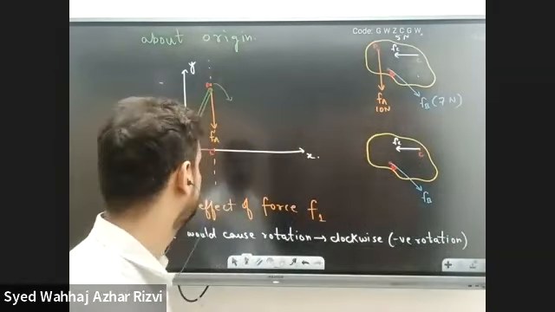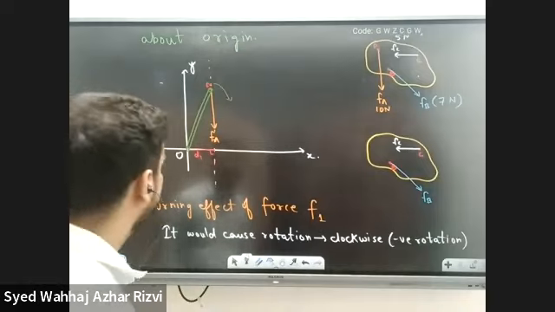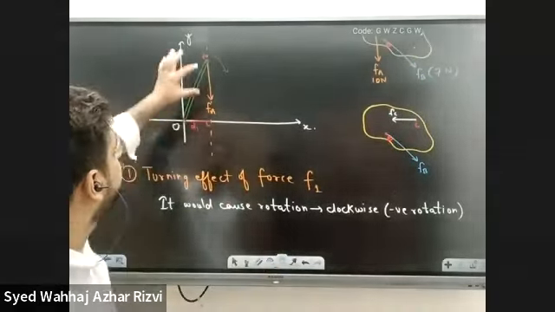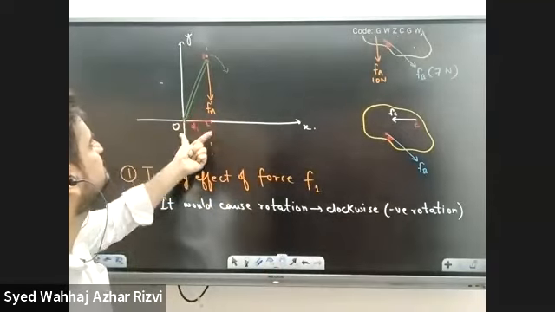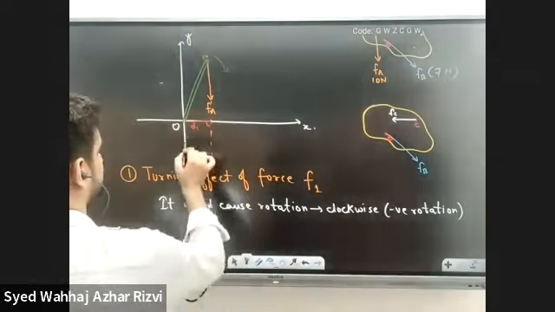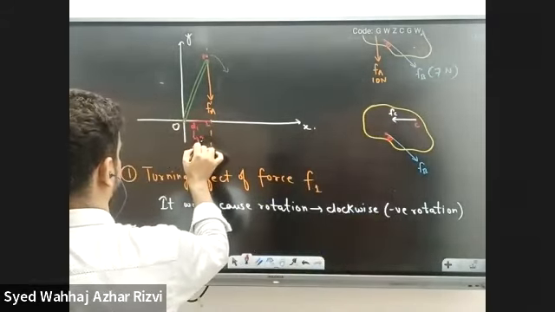Okay. And how much would the turning effect be? The turning effect would have a value of force into this distance d1. Okay, let's say this d1 is 2. The value of d1 is 2.